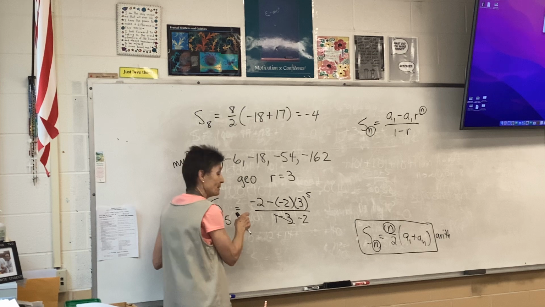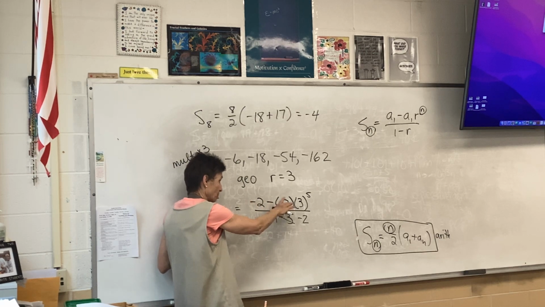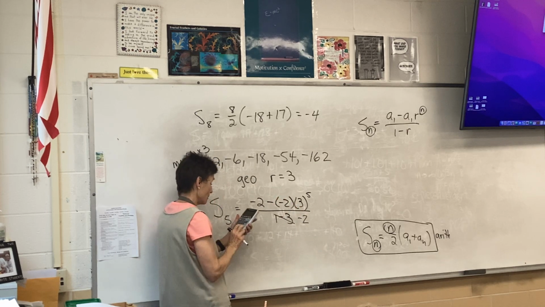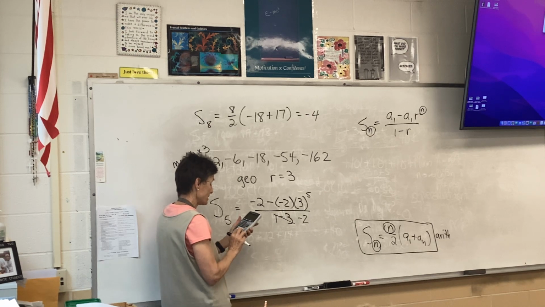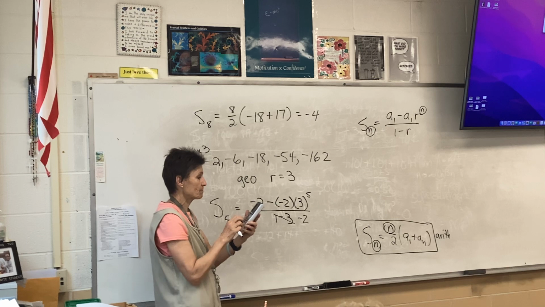If you type it in exactly the way that I wrote it with the parentheses and everything, all's gonna be good. So -2 minus parentheses -2 parentheses 3 raised to the 5th power equals, whoops.